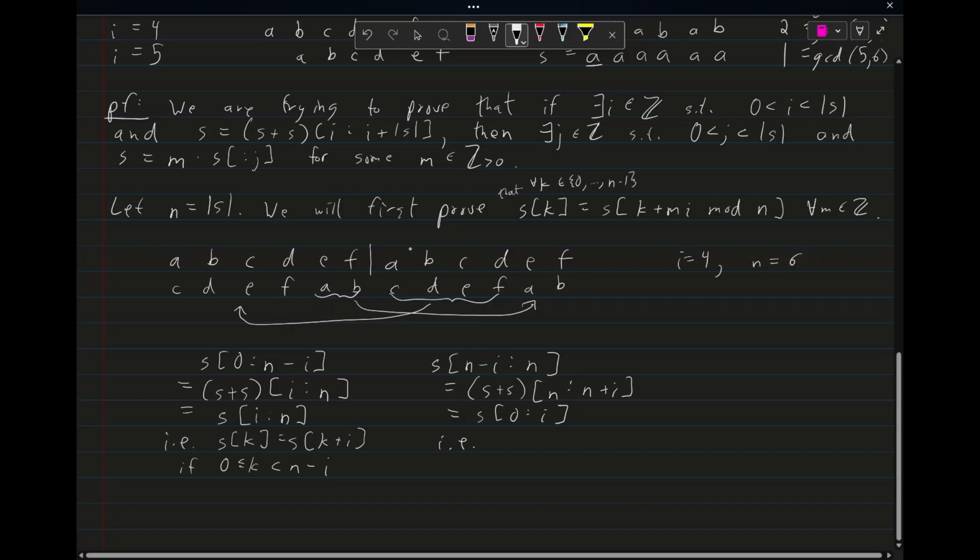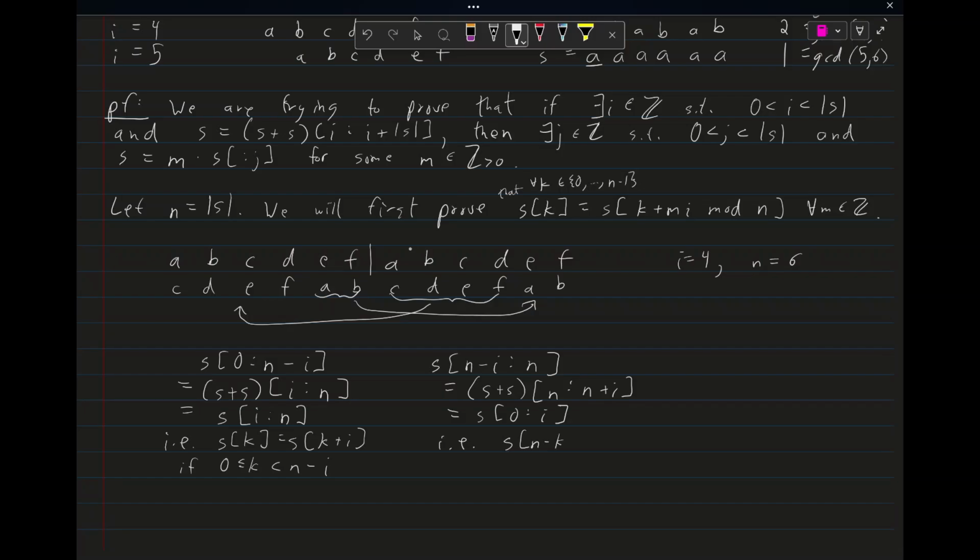This tells us that S of n minus k equals S of k, if what?